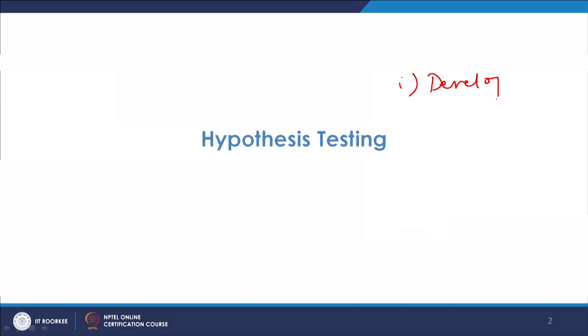Before we get into the first case, let me tell you what we need to keep in mind while testing a hypothesis. The first step is to develop your hypothesis, the null and the alternate.